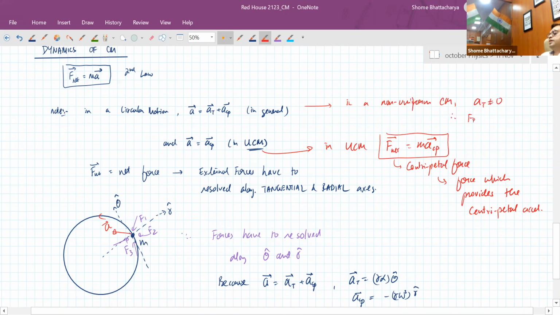So therefore, the net force will have a tangential as well as centripetal component. Both the components will be there. So this is just to give you an idea of the general method that we will be using in the application questions. But once we actually get down to the numerical problems next, you will find it easier to understand these points.